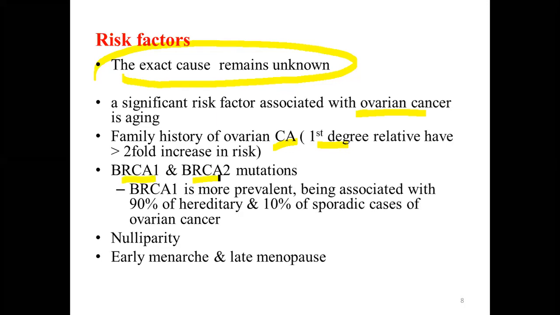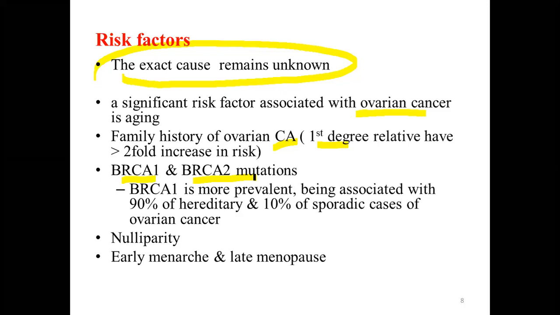Then, do you remember what we mentioned in breast cancer? BRCA1 and BRCA2 mutation. As I mentioned when we were discussing breast cancer, BRCA1 is a breast cancer antigen. This is a tumor suppressor gene. So when there is a mutation, there is loss of function of this tumor suppressor gene, and ultimately the progression to cancer is usually very high.